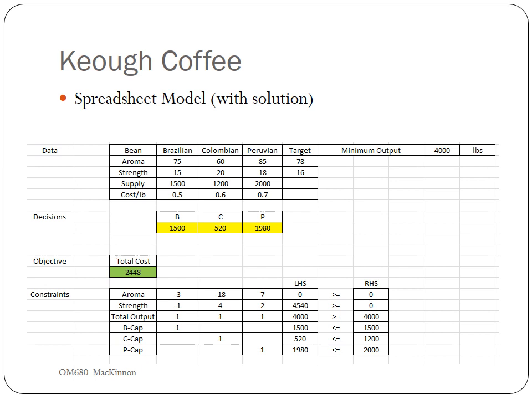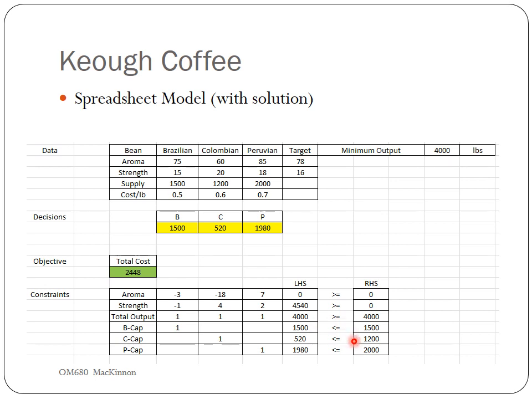And here we have our spreadsheet model and our solution. Okay, so our blending constraints are right here. Our total output is right here. So the combination of Brazilian, Colombian, and Peruvian has to be at least 4,000. And we also have our capacity constraints. Okay, our supply of Brazilian is only 1,500, so what we produce has got to be less than or equal to 1,500.